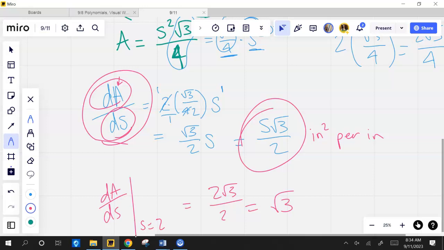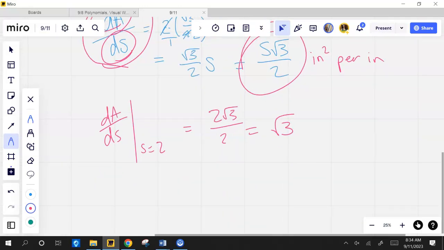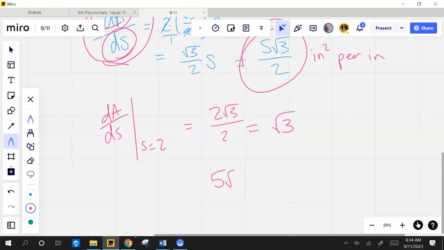How about when S equals 10? 5 square root of 3 over 2. Oh, sorry. Yeah, you're right. You'd already divided it. Sorry.